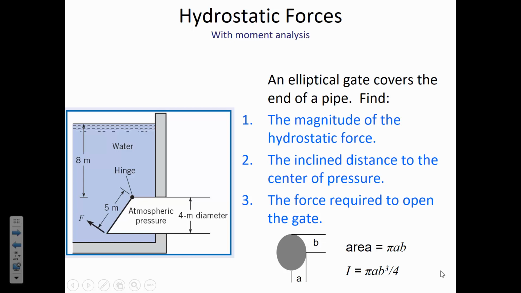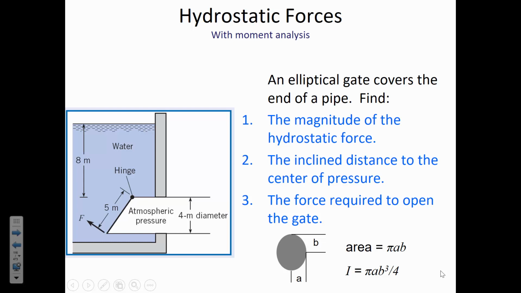So if you wanted to cover it so that water doesn't leak through the pipe, then the shape of the gate has to be elliptical. And in this case, we have a 4-meter diameter pipe and the length from top to bottom is 5 meters.